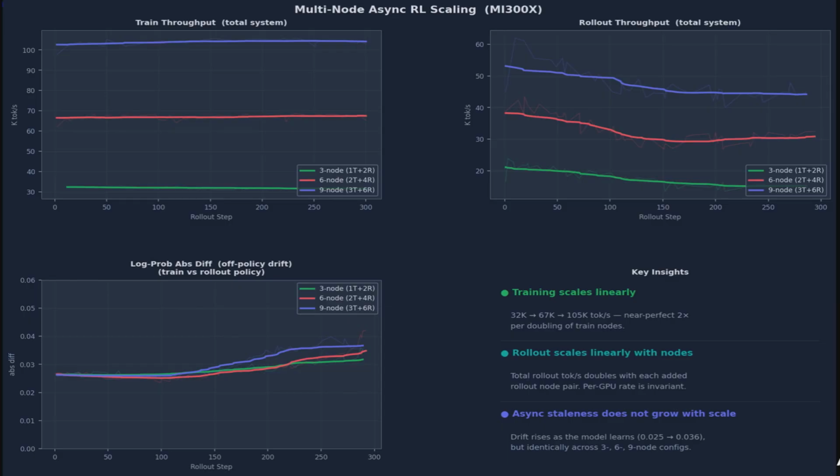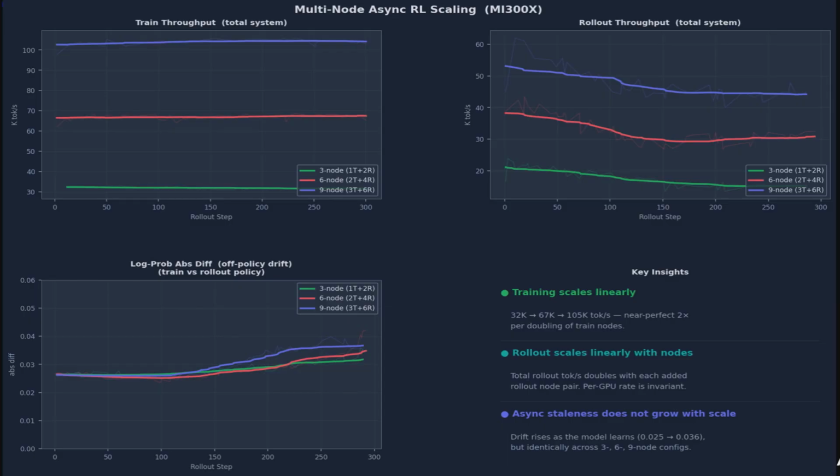If you look at this scaling result, on the first row, the left side is the training throughput. We can see pretty linear scaling of the throughput from 32K to 67K to 105K. And on the right side, it's the rollout throughput. Similarly, we see very linear scaling of the throughput.